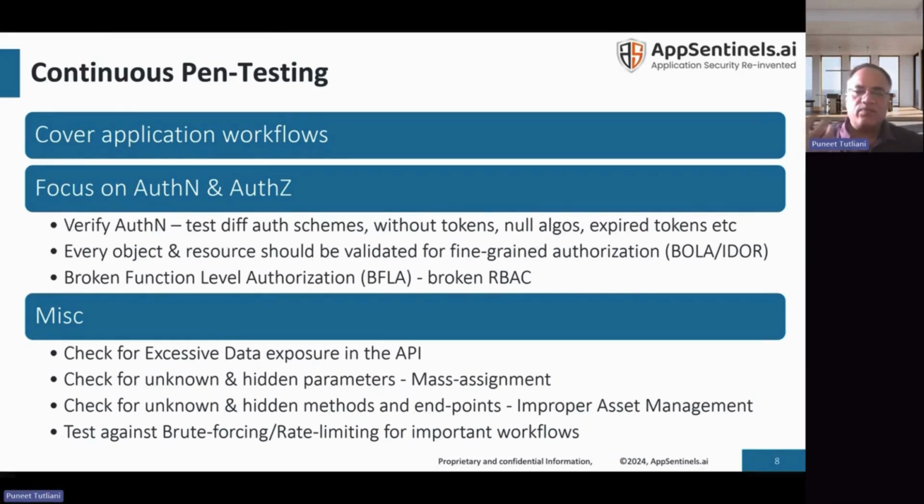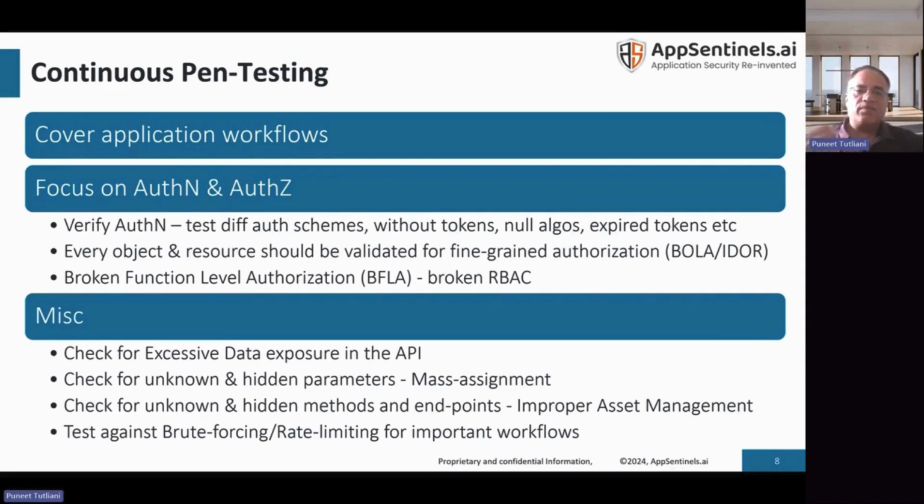And it should test both authentication and authorization flows, like testing APIs for different auth schemes, testing APIs without tokens or with null algorithms or with expired tokens, ensuring that every object and every resource that is being accessed has the right authorization control to test against BOLA and IDOR. And similarly, making sure that the function level authorization controls are rightly put up, so that no broken RBAC or broken user access controls are left out during the testing.